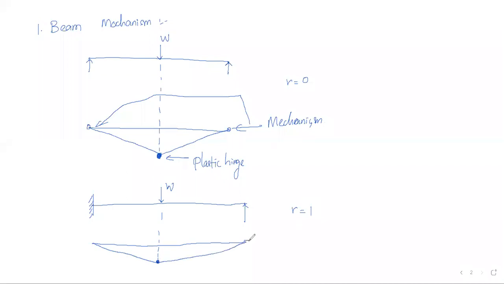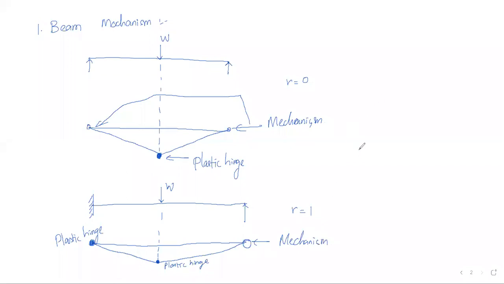So at the fixed support there will be a plastic moment, or the plastic hinge will occur. And under the load we can have plastic hinge. At the simply supported end we can have mechanism.